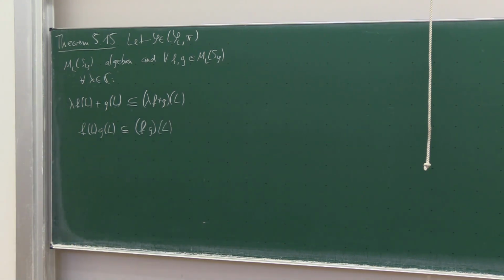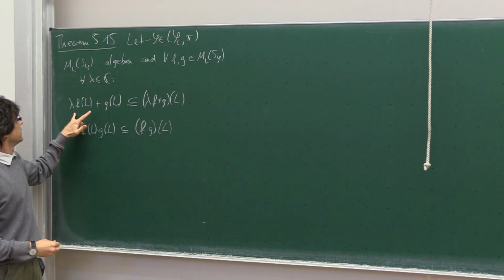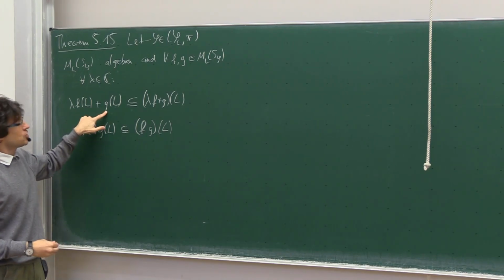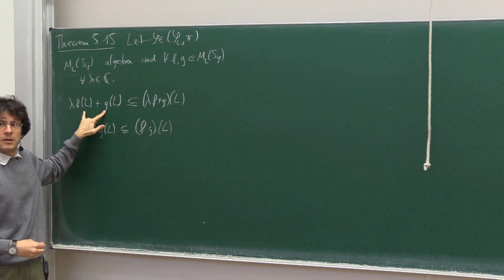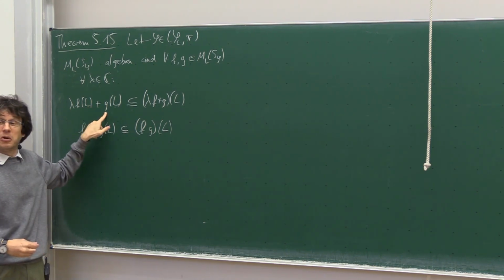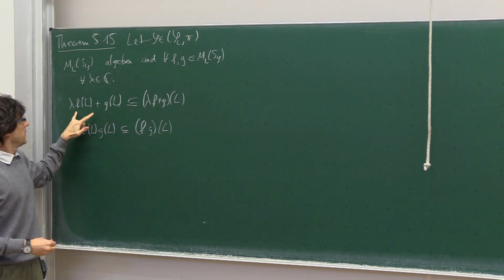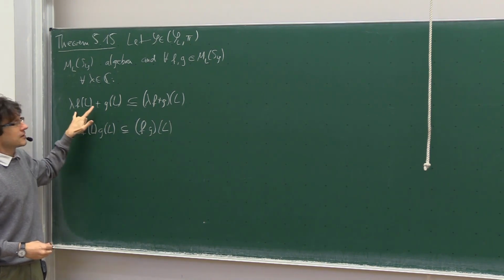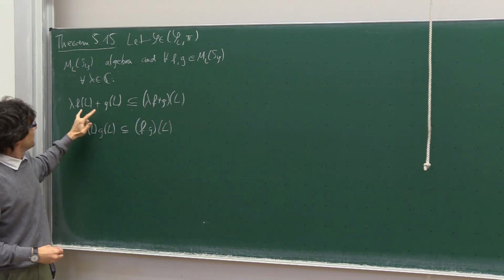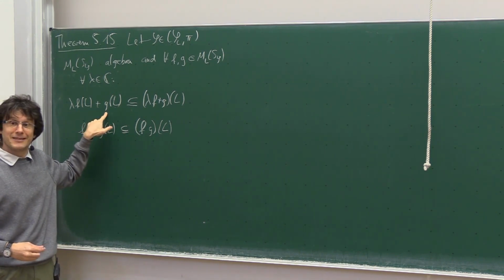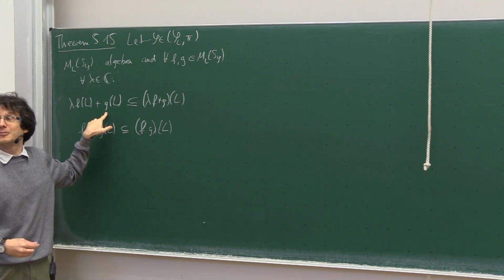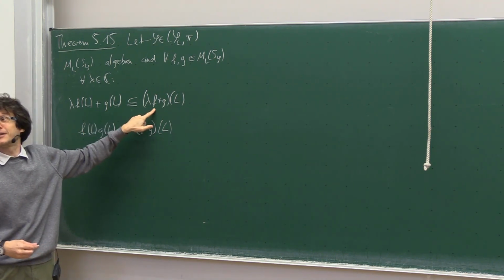Some heuristics on how to remember which direction you have. What might happen here is that lambda f and g are not so nice functions, making these domains rather small. Let's say lambda f and g both have a pole, and so these operators have small domains. But if lambda f has a pole at some point and g has a negative pole at the same point, these two poles cancel out, so this is a much nicer function.